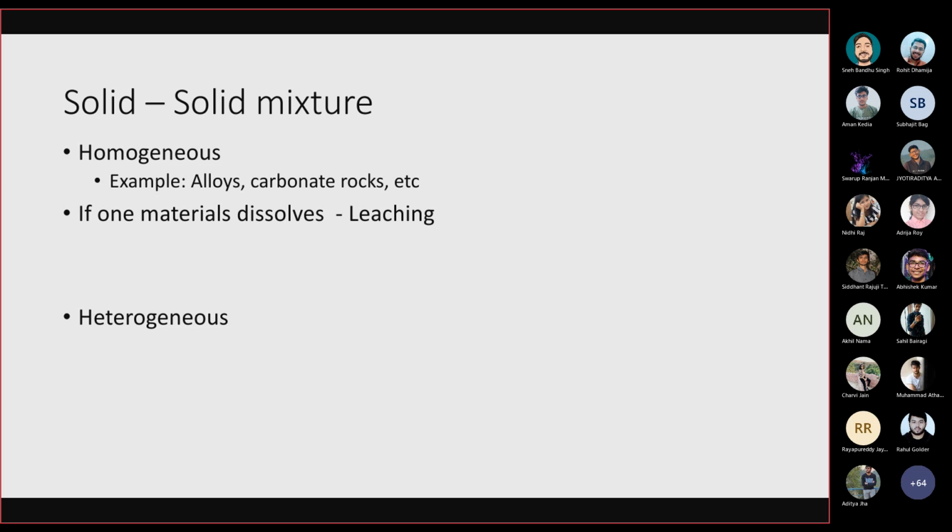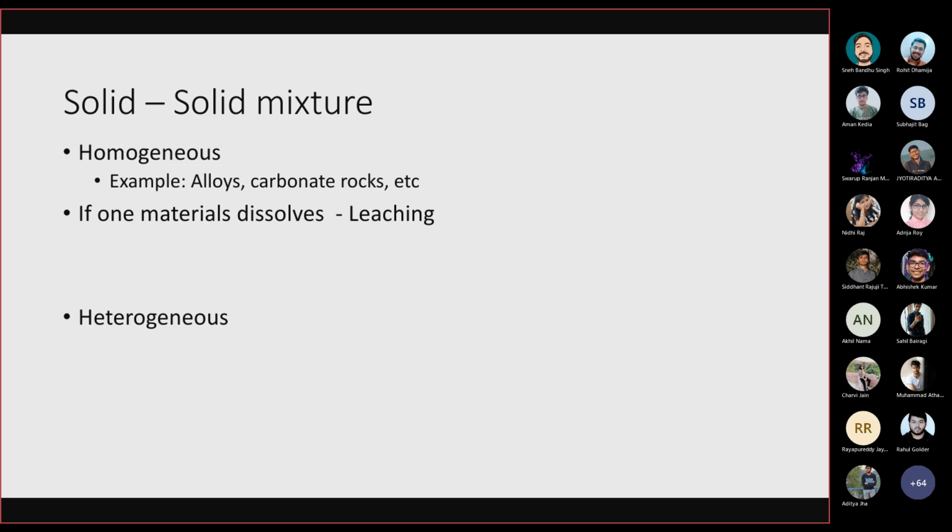When you have two solid materials mixed, one of the important unit operations which we can use is leaching. In leaching, solid mixtures are separated with the help of a liquid solvent.